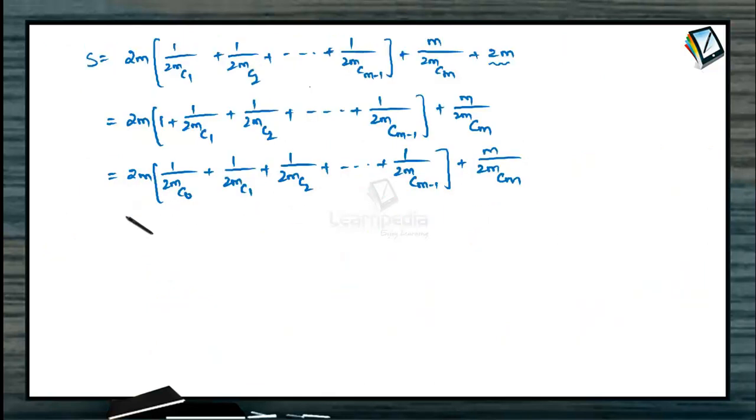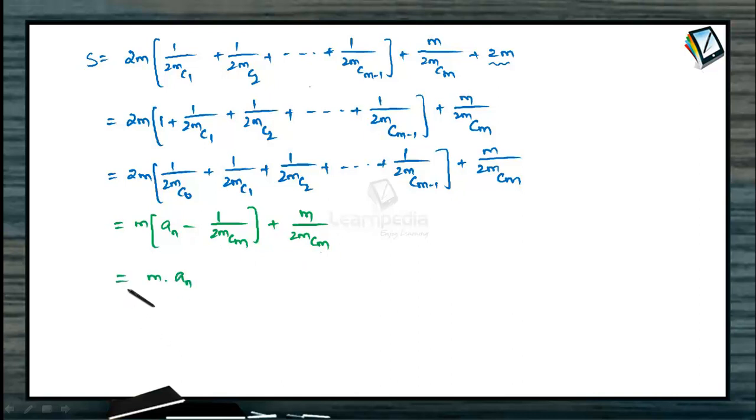So what is this value inside the bracket? This becomes m times 2 into 1 by 2mC0 plus 1 by 2mC1 plus so on up to this is an minus 1 by 2mCm, plus m by 2mCm. Now this m into 1 by 2mCm cancels with m into 1 by 2mCm. This leaves us with m times an.